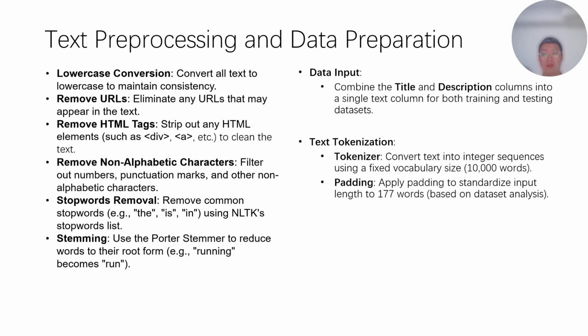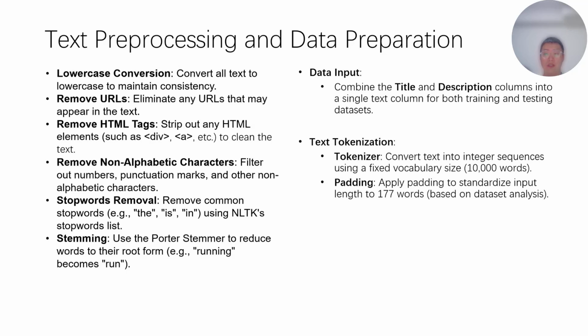Then we also tokenize the text, meaning that each word in the article is converted into an integer sequence using a fixed vocabulary size of 10,000 words. This process allows the model to work with a numerical representation of the text.